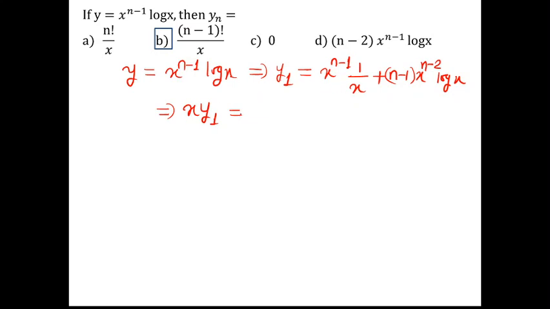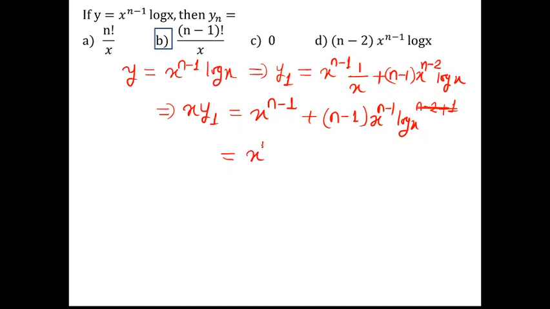What we have is x y1 is equal to x raised to n minus 1, plus n minus 1 into, if I multiply by x, the power of x is already n minus 2 and one more power gets added, so it is x raised to power n minus 2 plus 1, that is n minus 1, into log x. This is what we have here. Now look at this term. This is nothing but the same as y.